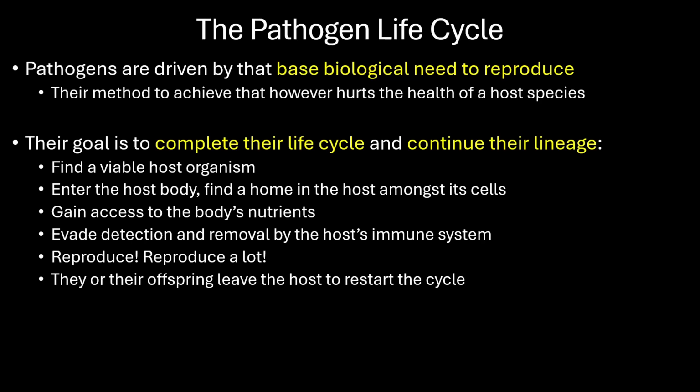Then they have to reproduce a lot. They need to make many copies of themselves, as many as they can. And importantly, these copies have to be able to escape this host, the person or organism who is currently infected, and find a new host in order to restart this cycle and continue their lineage.